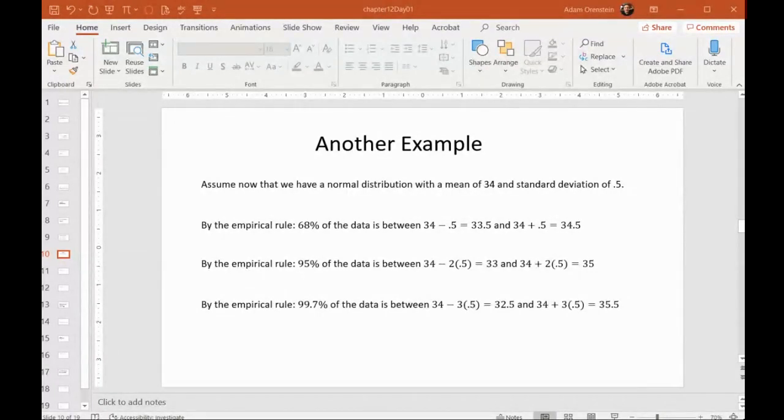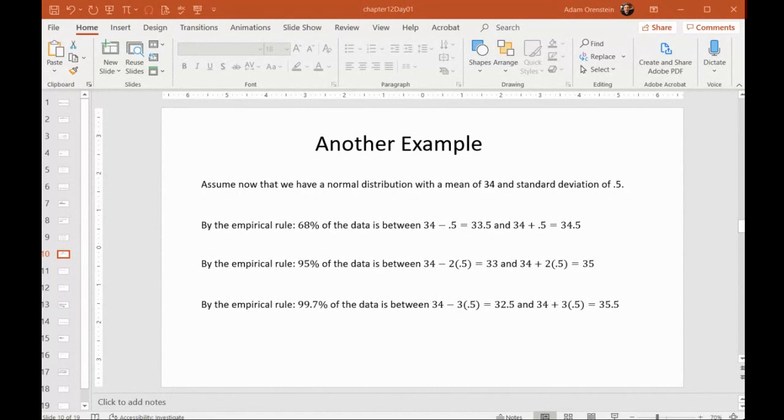So that's what this is saying then. If you go between the mean minus the standard deviation and the mean plus the standard deviation, 68% of the data is within those two. Going within 2 standard deviations away, so 34 minus 2 times 0.5 and 34 plus 2 times 0.5, to the left or right, that's 95% of the data.